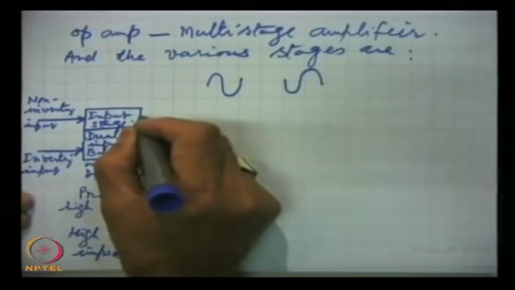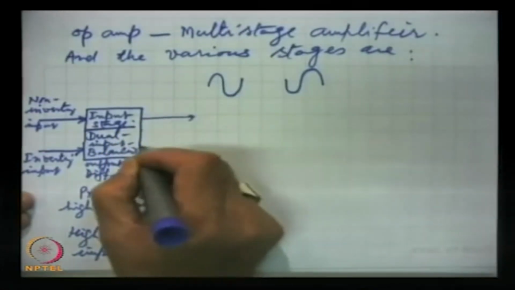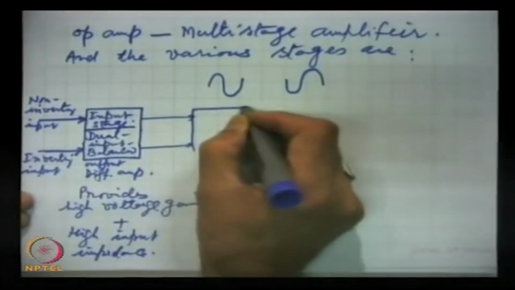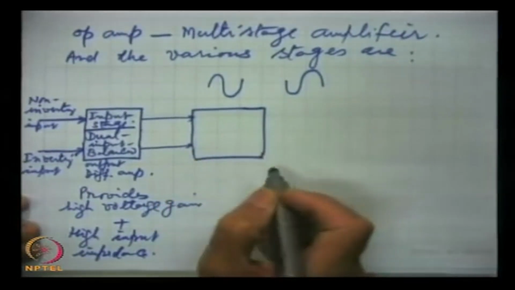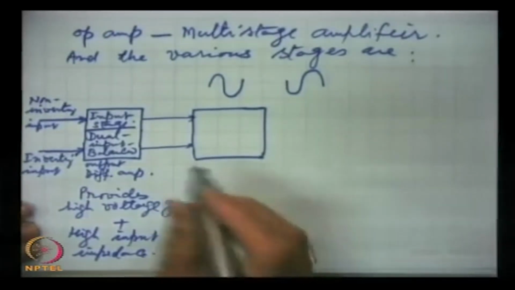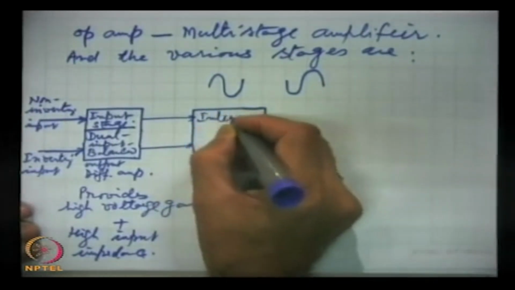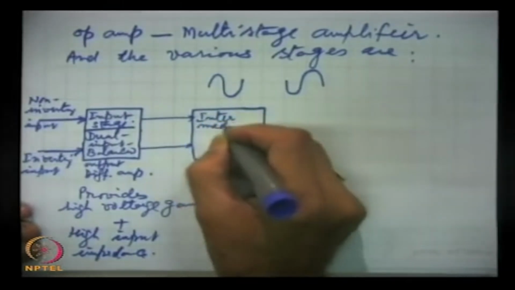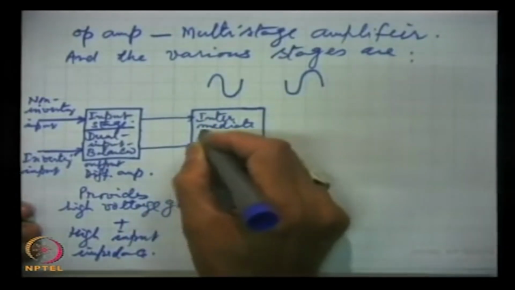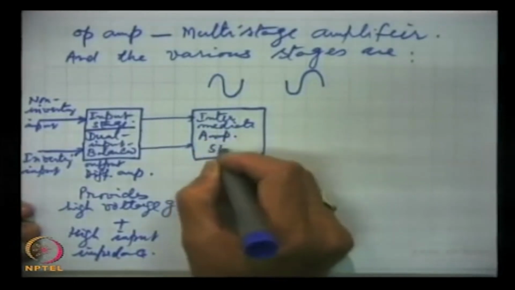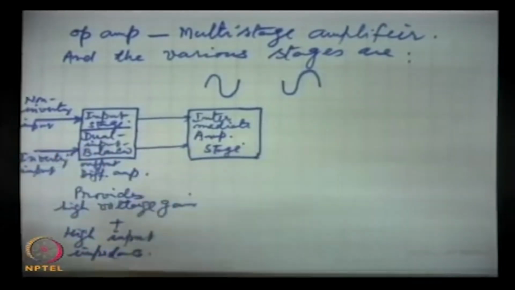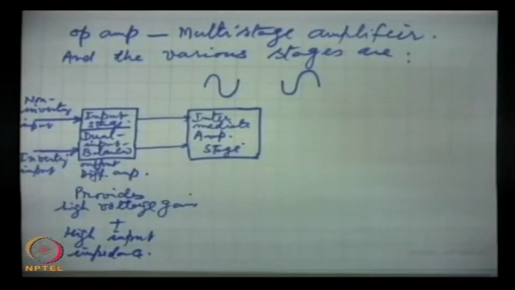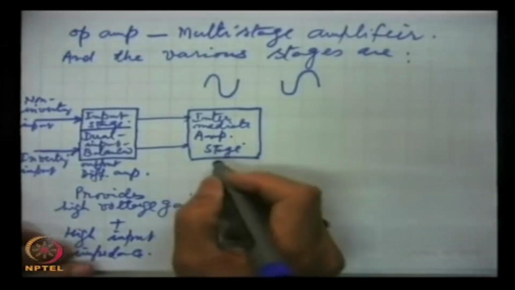Then this goes to the other stage, the second stage. This is the intermediate amplifying stage, to further amplify the signal, and this is again normally a differential amplifier.